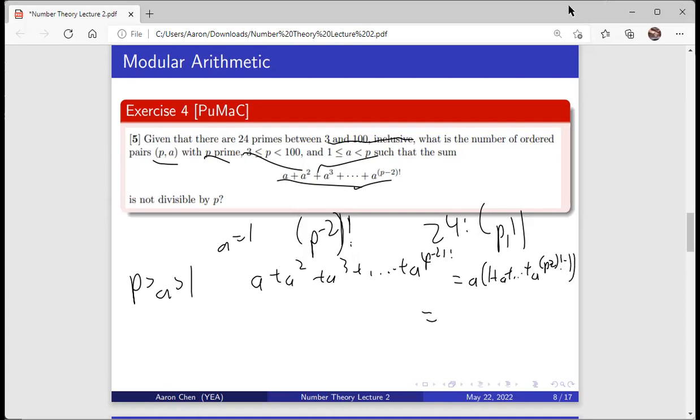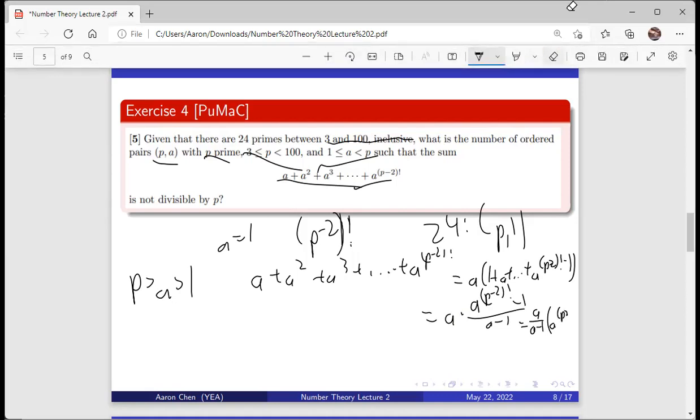And so this is just A times (A to the power of P minus 2 factorial, minus 1) over A minus 1, or A over A minus 1 times (A to the P minus 2 factorial minus 1).